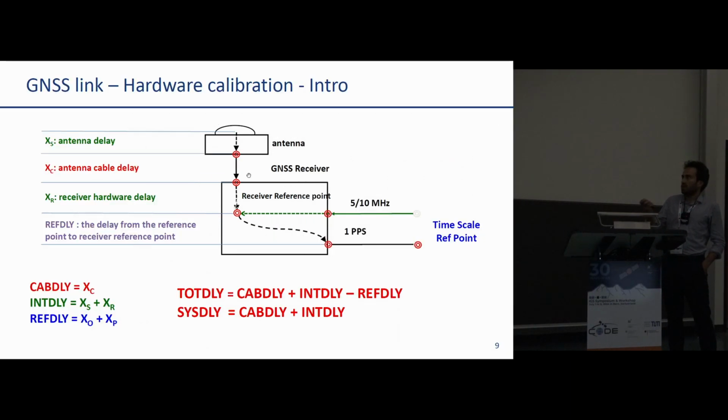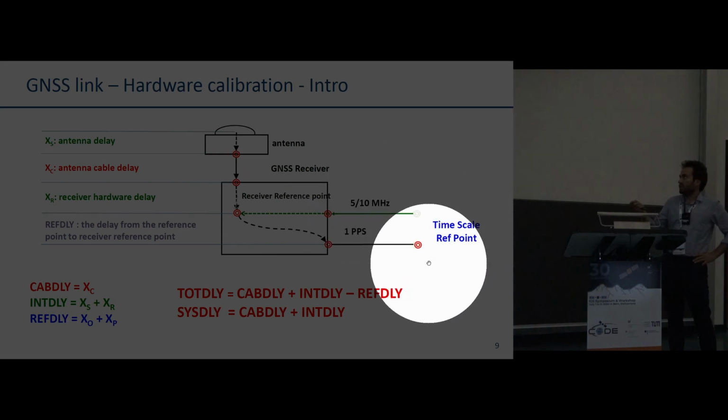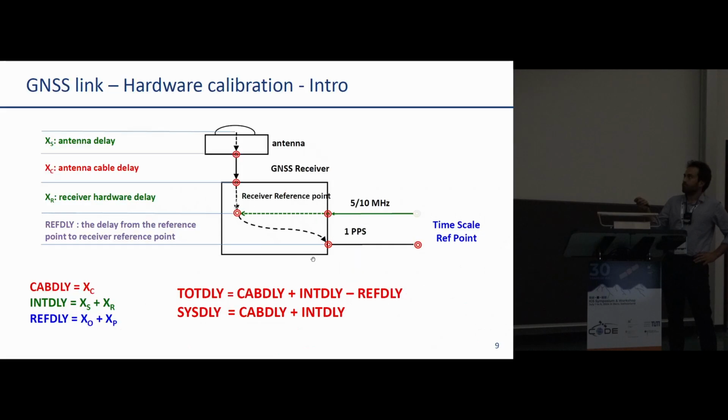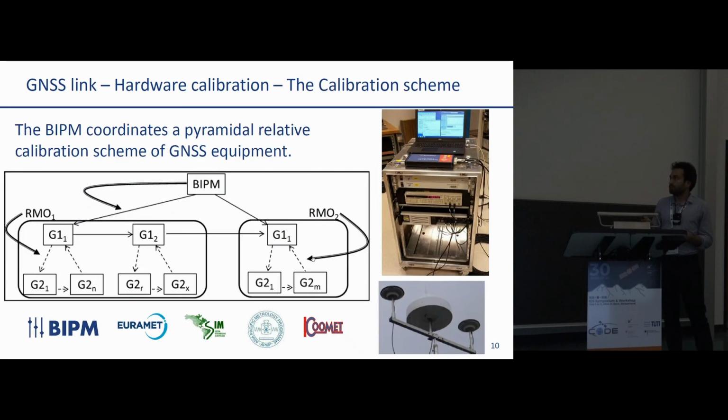We measure the antenna cable delay with the time interval counter, which is very easy, and we can also measure the difference between the time scale reference point and the receiver reference point. So the cable and reference delays can be measured with a time interval counter. For the antenna and receiver delay, we need a calibration procedure.